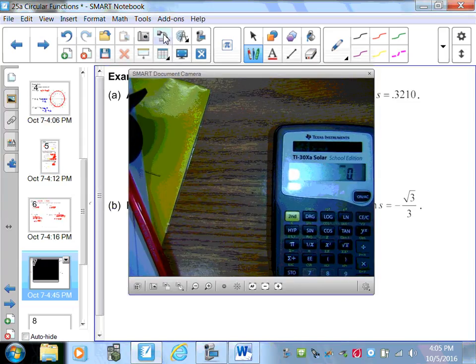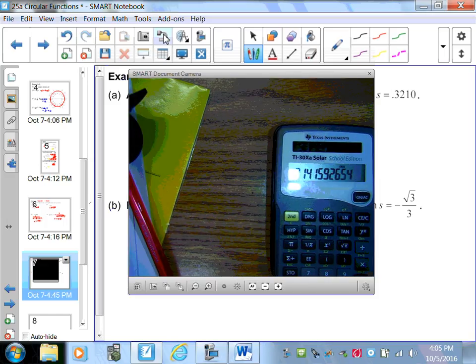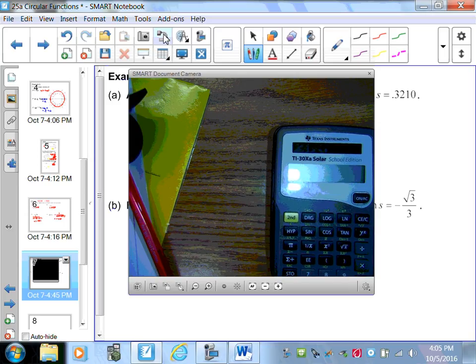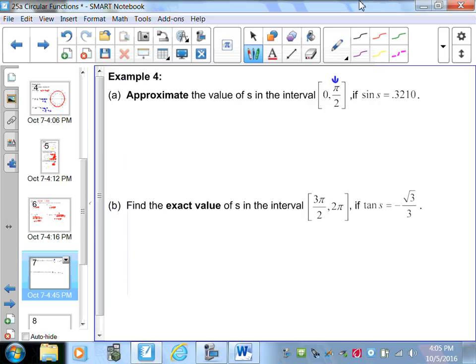Remember pi over 2 is 90 degrees, so in radians, if you go pi and then divide it by 2, you should get about 1.5708 or something like that. So you're looking for a value between 0 and 1.5708-ish.